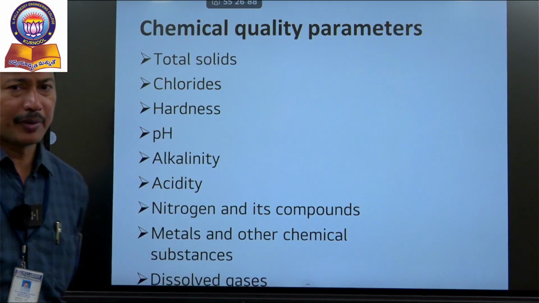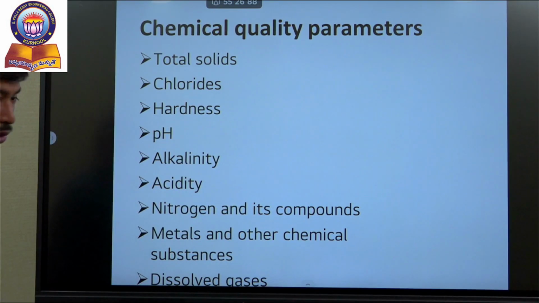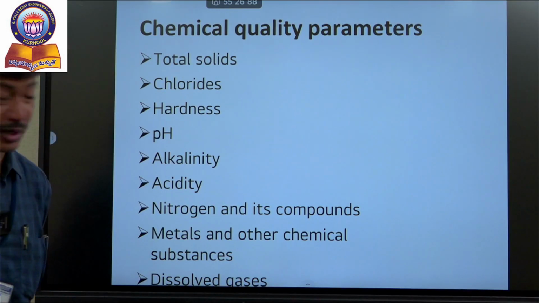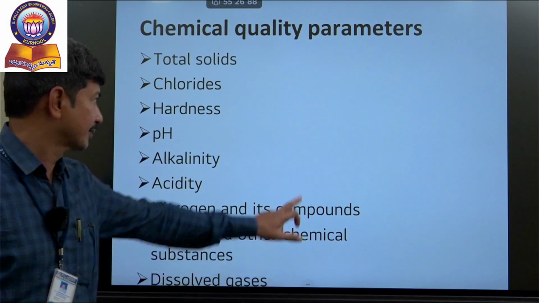Coming to chemical parameters, there are many: total solids, chlorides, hardness, pH, alkalinity, acidity, nitrogen content, other metals, and dissolved gases.